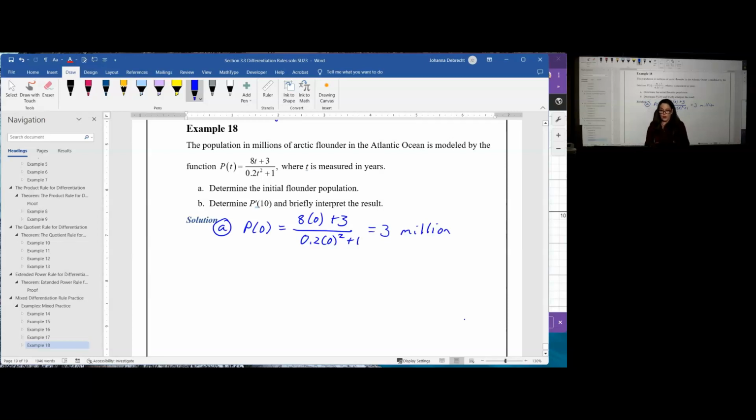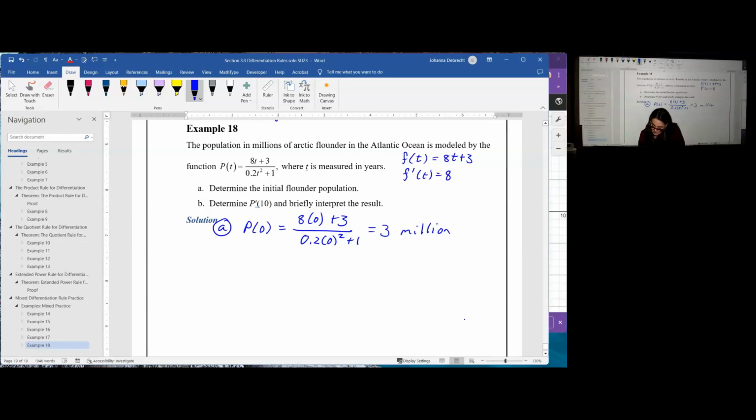Now, the second part asks us to define the derivative of the population after 10 years, when t equals 10. To do that, I'm going to let f of x be 8t plus 3 and take the derivative with respect to t. Then f prime of t is equal to 8.